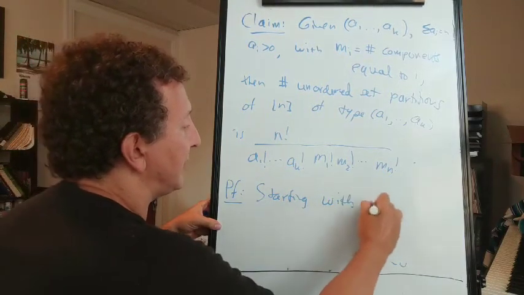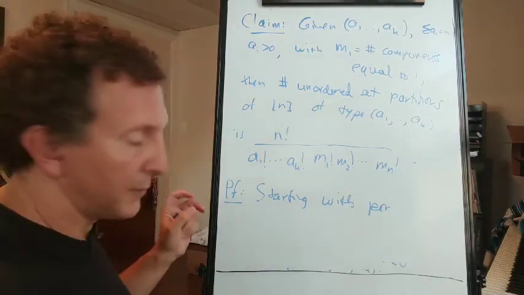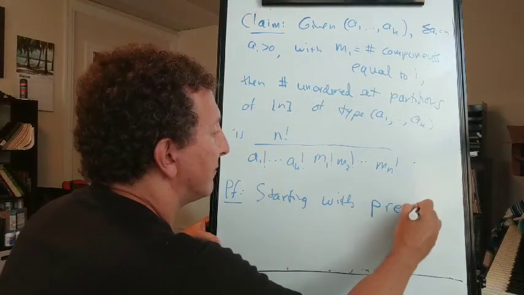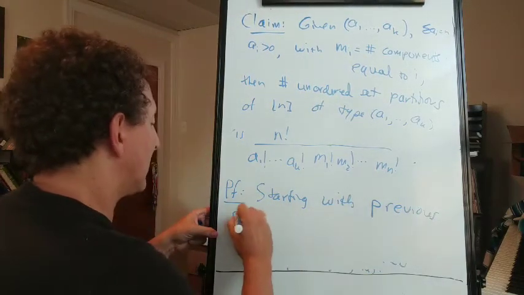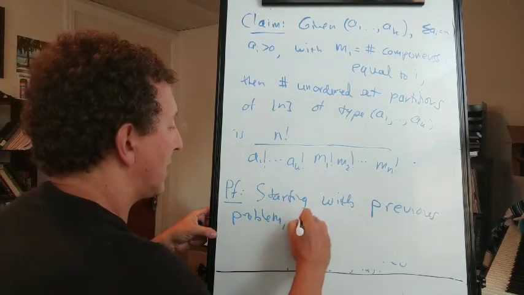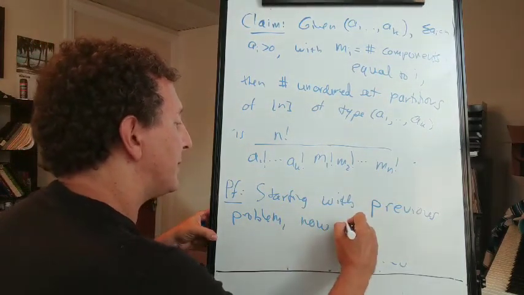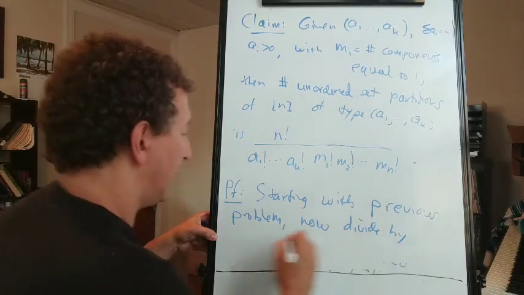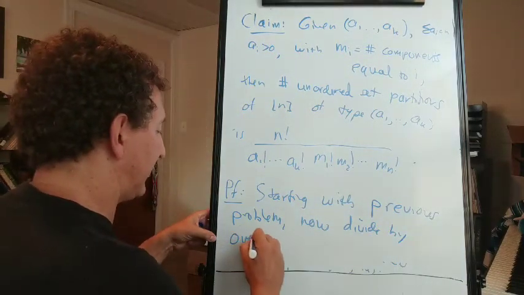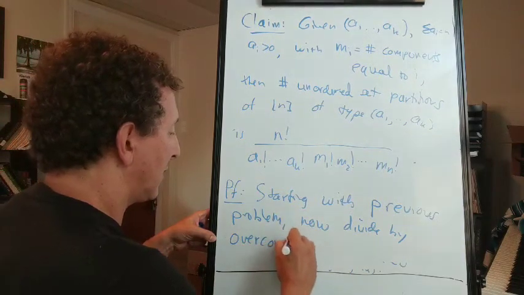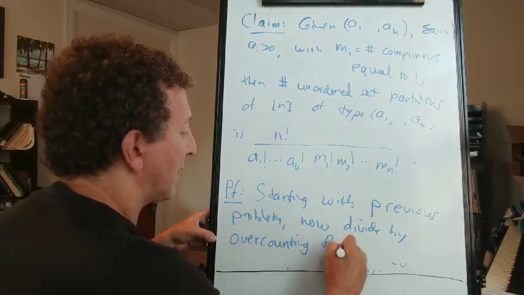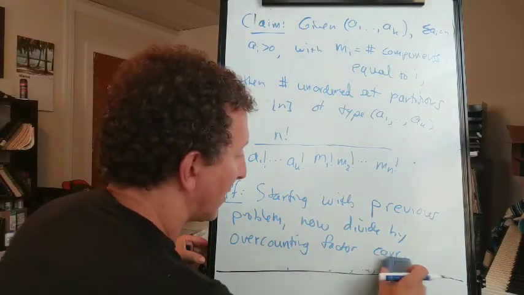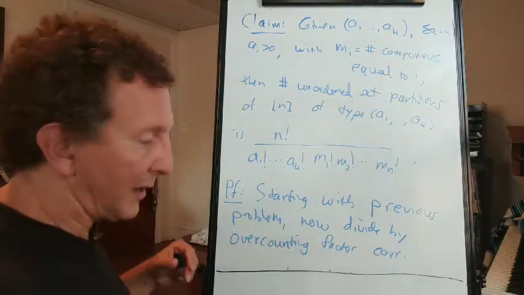So starting with the previous problem, now we have to divide by the overcounting factor corresponding to blocks of equal size.